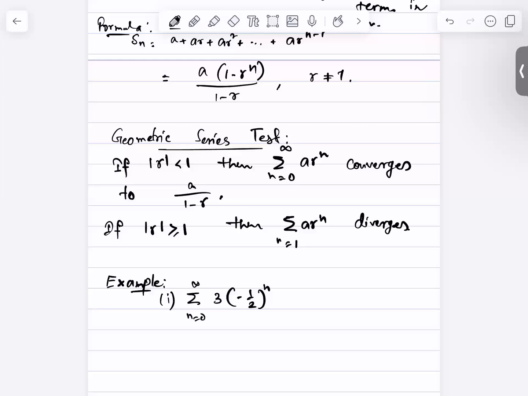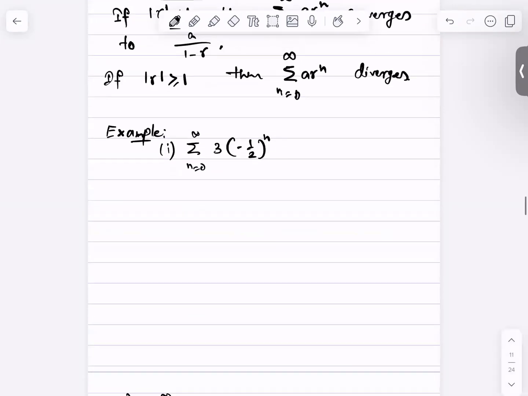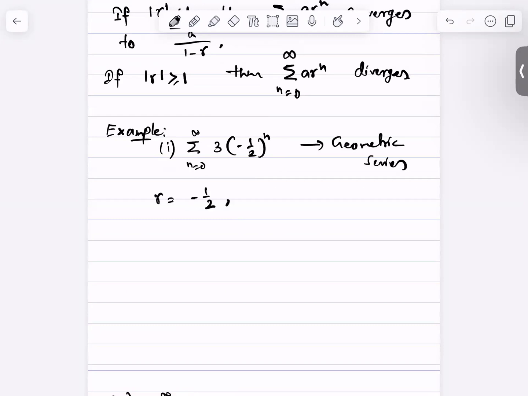Just a quick example: if we have this series given to us, we can say straight away this is a geometric series, right? Here my r is -1/2 and a is 3. So my modulus of r is just half, which is less than 1.